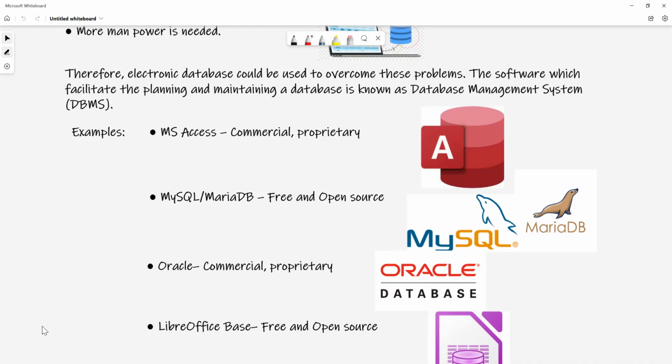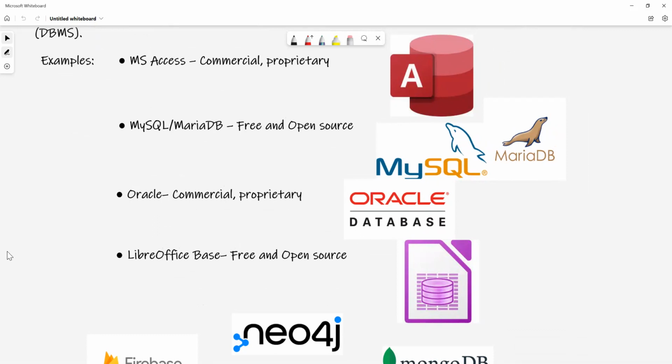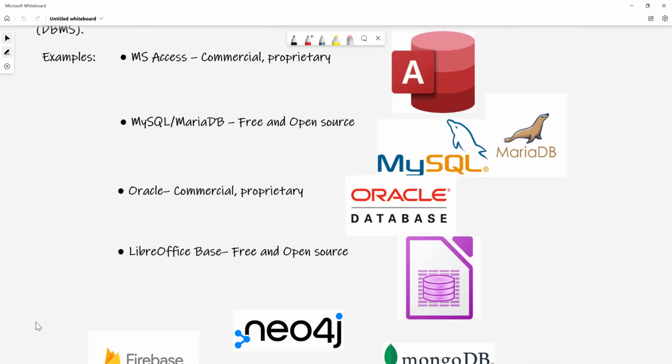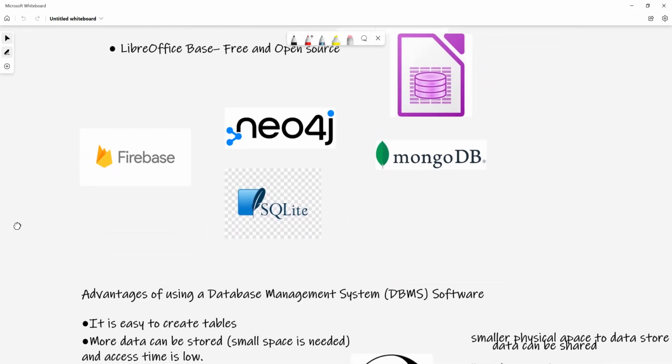And then we discussed a couple of examples like Access, MySQL, Oracle, LibreOffice Base. These are what we are supposed to learn. And the newest ones we briefly discussed: Firebase, Neo4j, MongoDB, and SQLite. They're the newest trends.